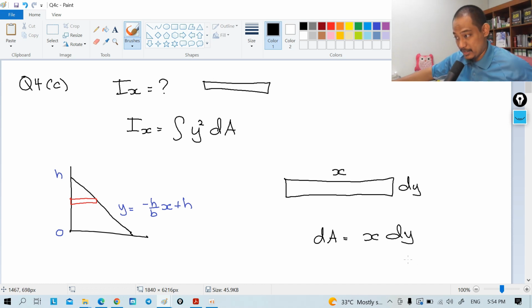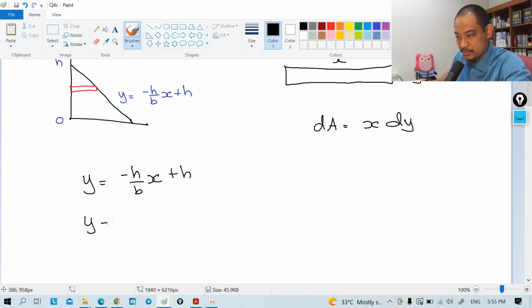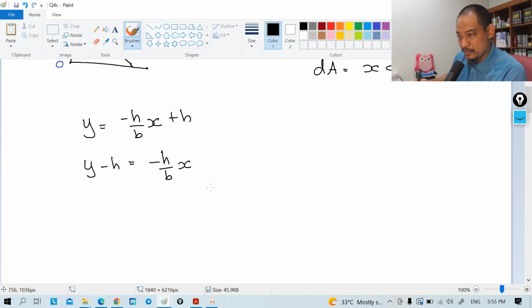Of course, we want to plug in x here, so from y equal to negative h over b x plus h, if you bring it to the side, y minus h equal to minus h over b x. Bringing to the other side, b goes up, so b y minus b h, h goes down, over h equal to minus x, right?